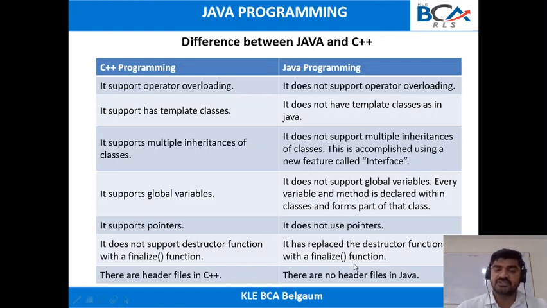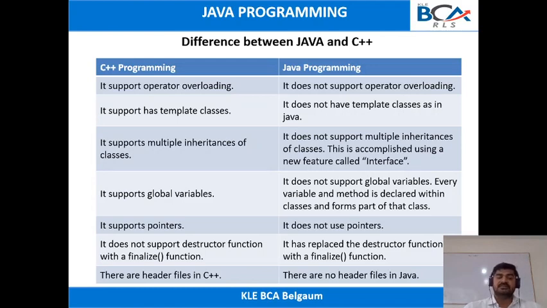The finalize function is used for deallocating memory, that is for garbage collection. Whenever you call the finalize method, it will deallocate memory for the unused object. This concept is not supported in C++ programming.